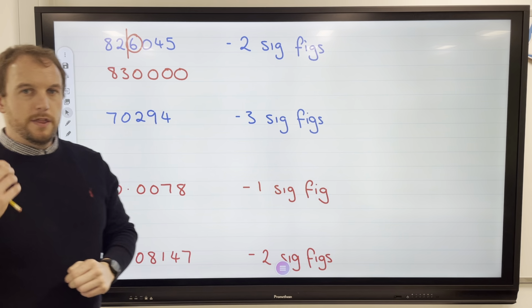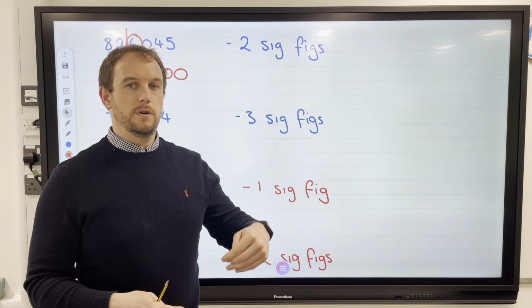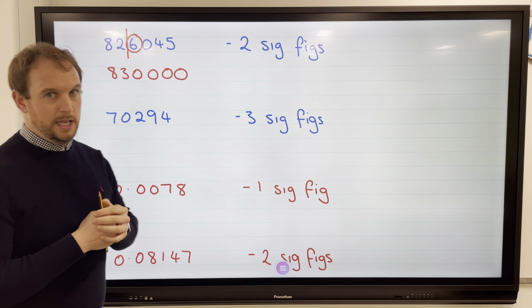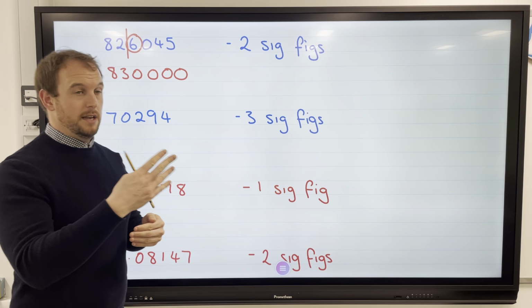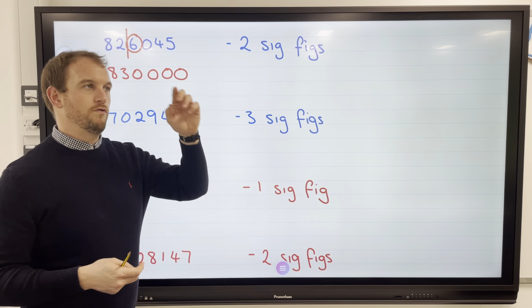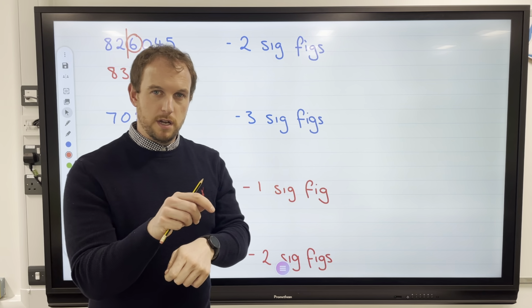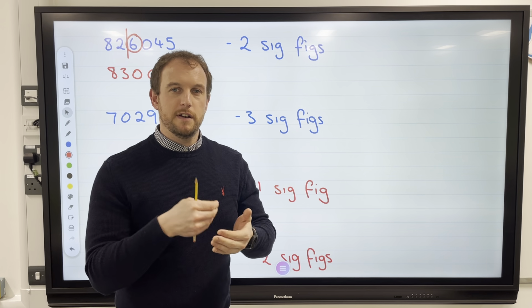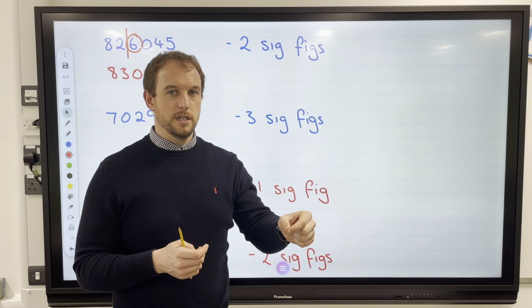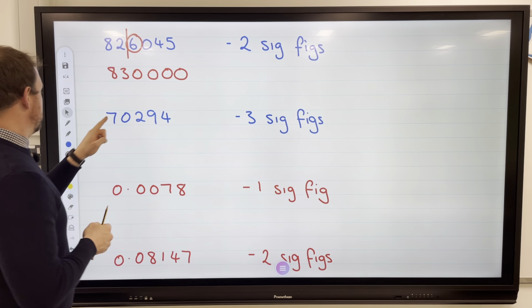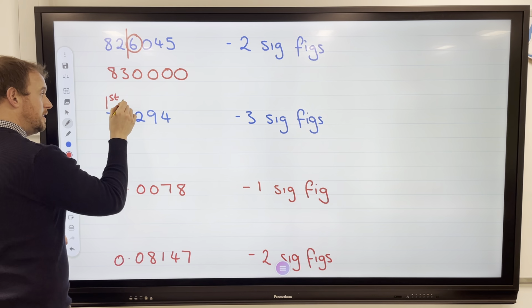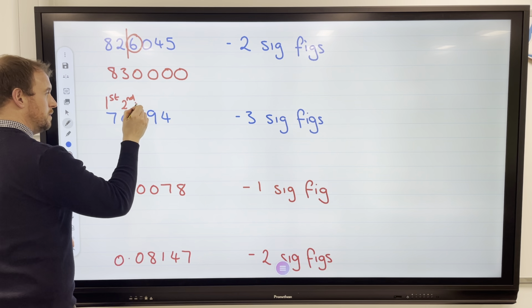Now this is where people tend to get confused and people ask me a lot of questions. Here I've got a 0 as a digit within the number. I've got 70,294. Remember that statement that you wrote down at the start. Significant figures start with the first non-zero digit. So if it starts here as the first, this 0 would then be the second, this will then be the third.